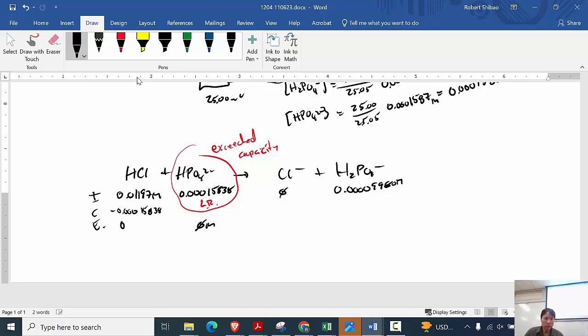Which is going to give me 0.011811162. And this is, the chloride is not going to have any impact on the pH, so we're not going to worry about that. And then we have this, the weak acid here. Here we're going to add 0.00015838.